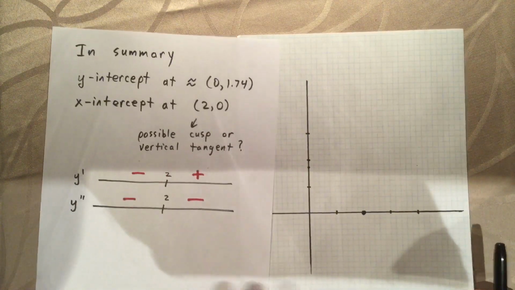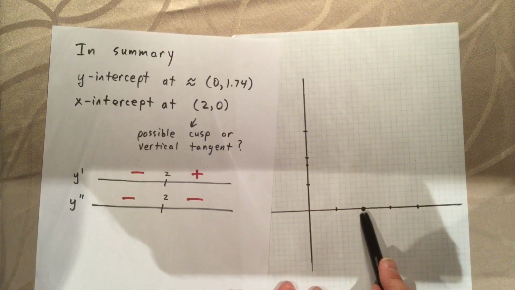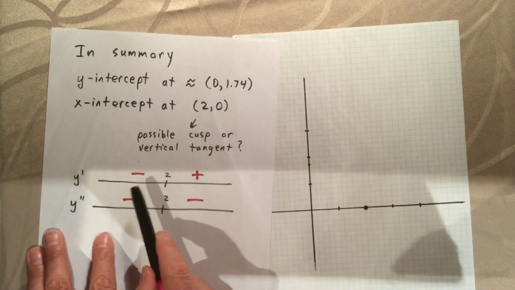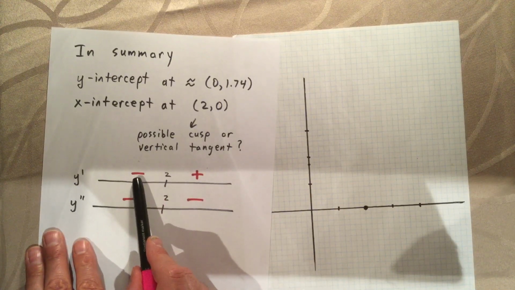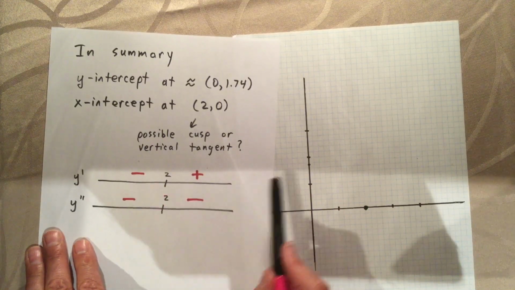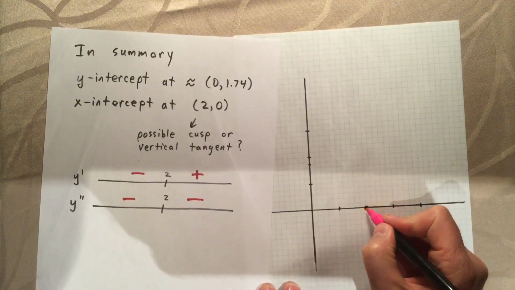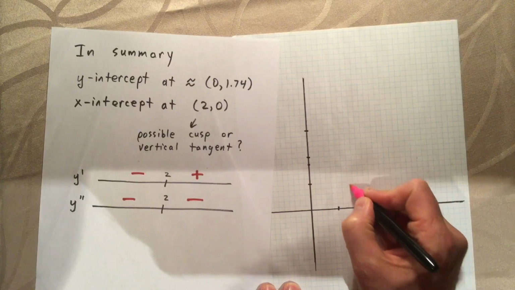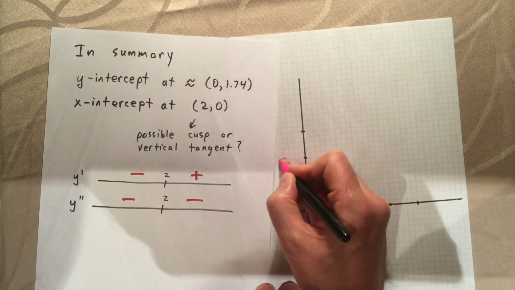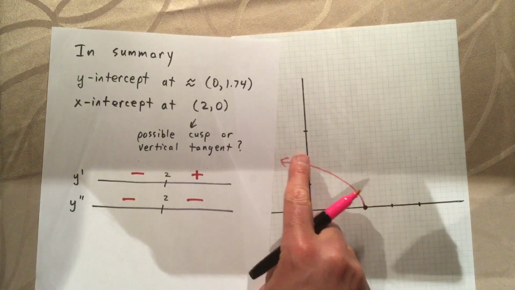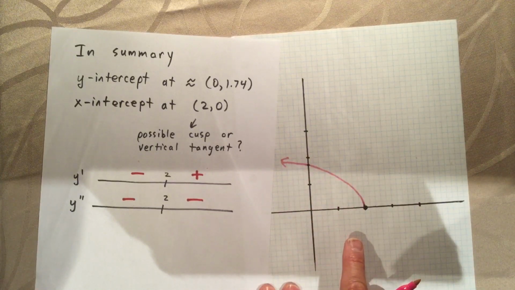We have our x-intercept here, our y-intercept here. The function is decreasing and concave down to the left of 2, so the curve looks something like this. In other words, the curve is below the tangent line.